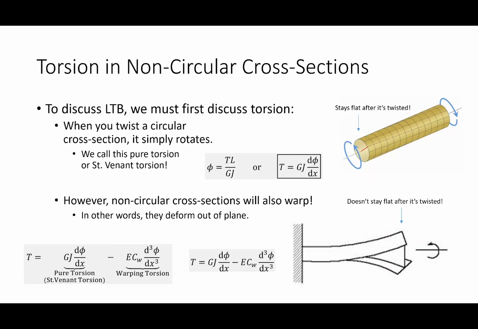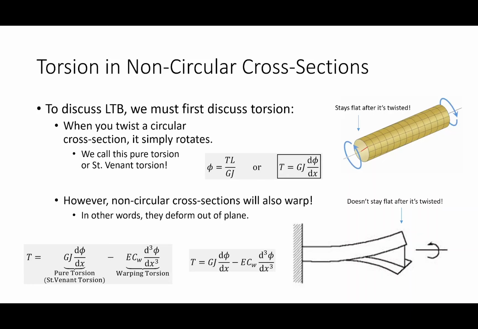T being the torsional moment, L being the length, G being a material property, kind of like E, a shear modulus, and J being the polar moment of inertia. Everybody remember that for circular cross sections? Or if you wanted to write it in DiffyQ land, you could say that the torsion equals GJ times the rate of twist. Okay, is this part familiar? Everybody familiar with that?